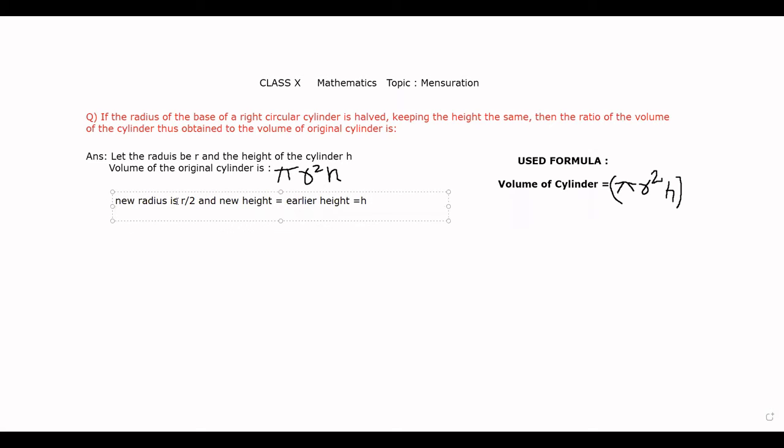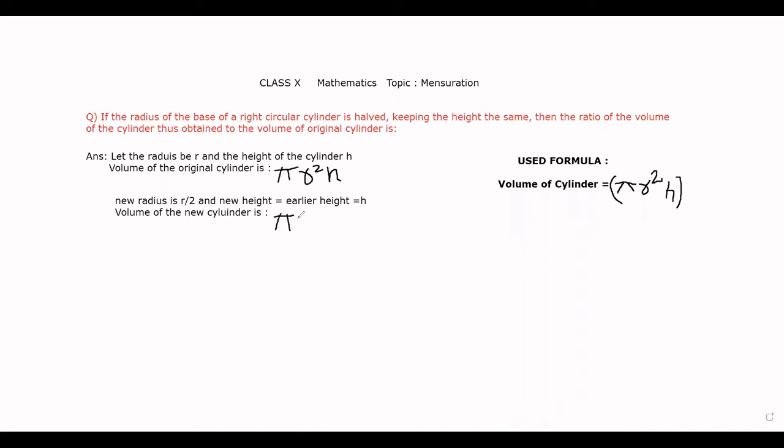Now we need to find the volume of the new cylinder. Very simple, we will put the values in the same formula. Pi will remain constant since it is a constant value.